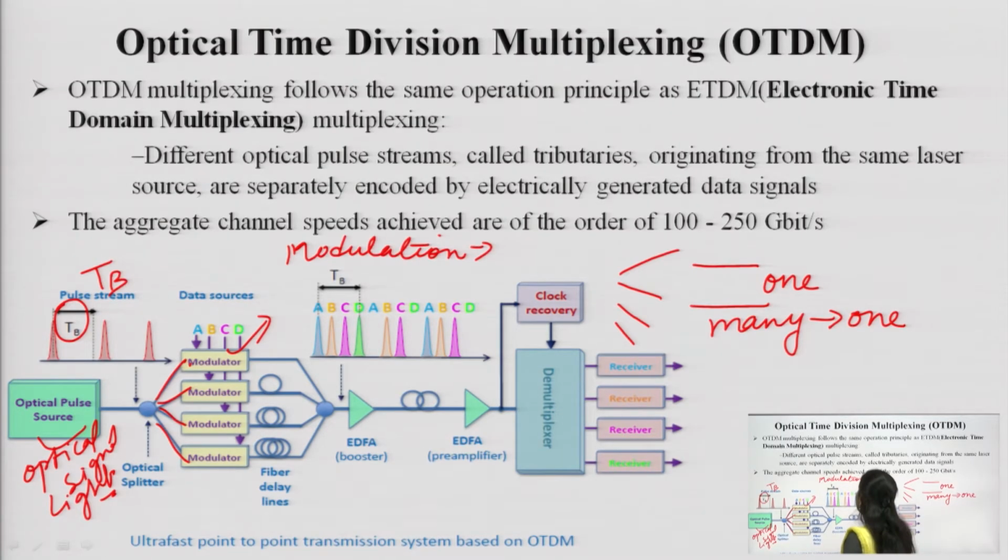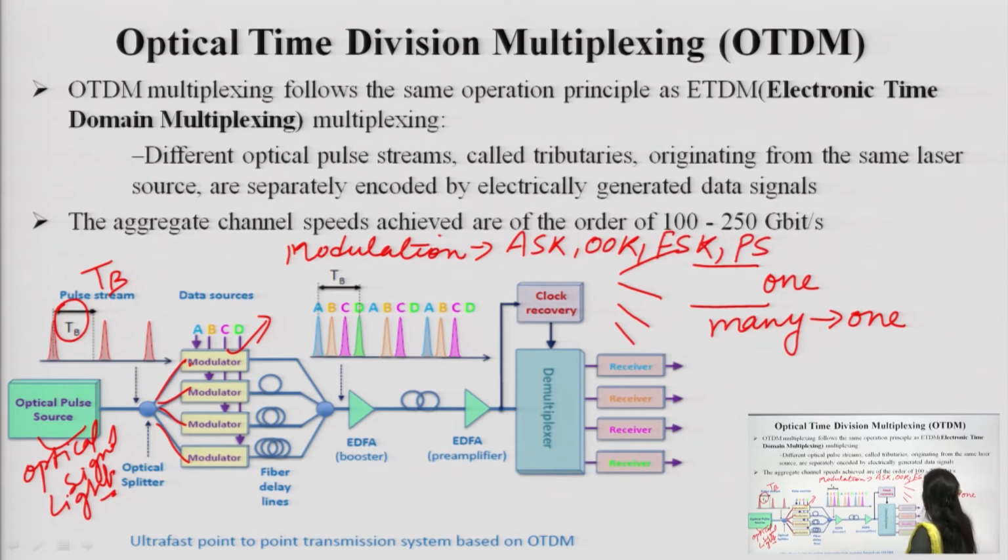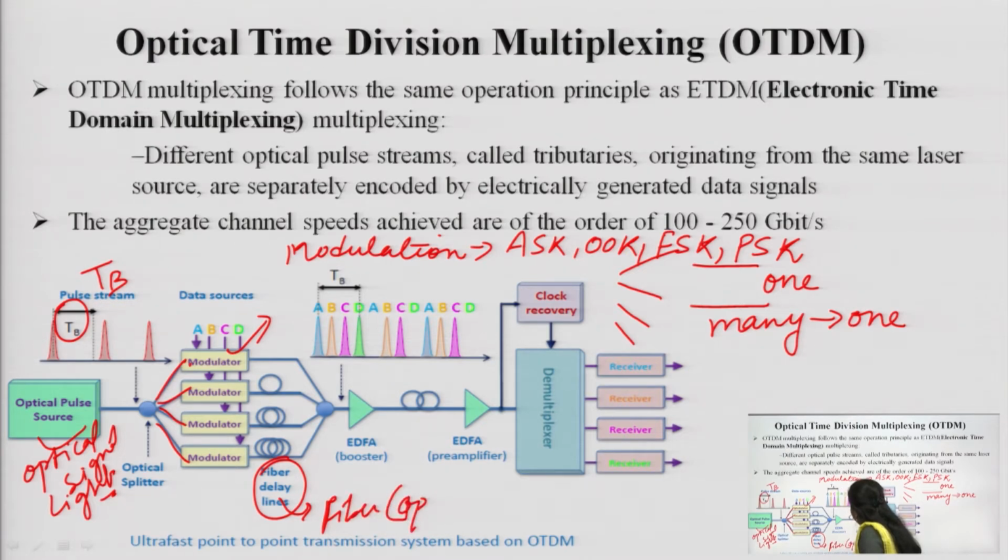The different types of modulation technique used will be either ASK, that is on-off keying or amplitude shift keying, FSK, that is frequency shift keying, and PSK, that is phase shift keying. After modulation it goes through the fibers, which is our optical fiber.